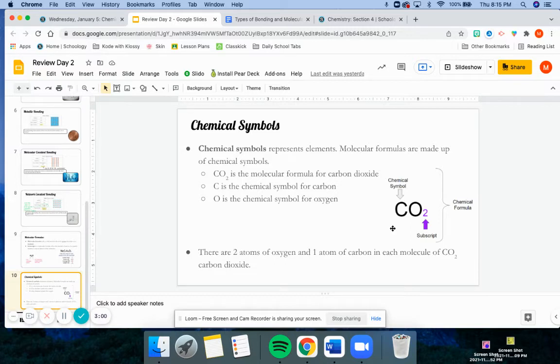So capital C, capital O is carbon and oxygen, but capital C, lowercase o is the chemical symbol for the element cobalt. This is a common mistake that we were making back when we originally learned about chemical symbols in Unit 2, so please just keep that in mind as we're going through today's review sheet.